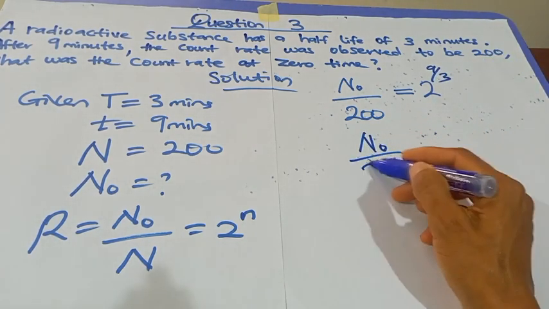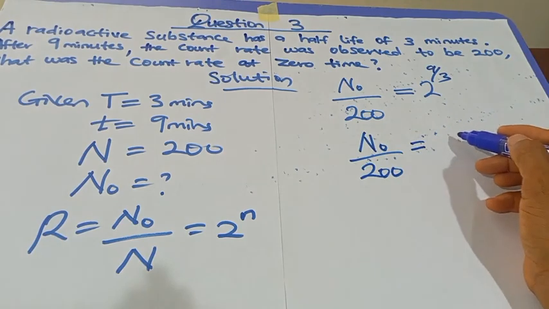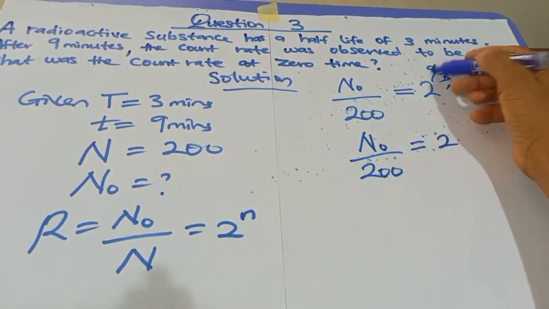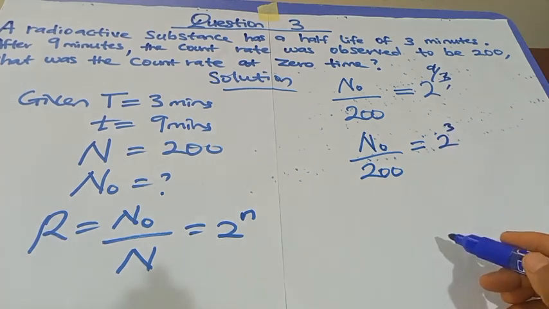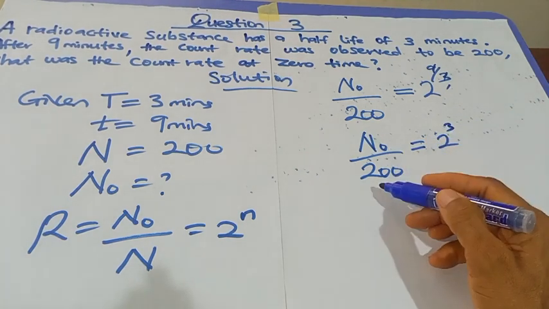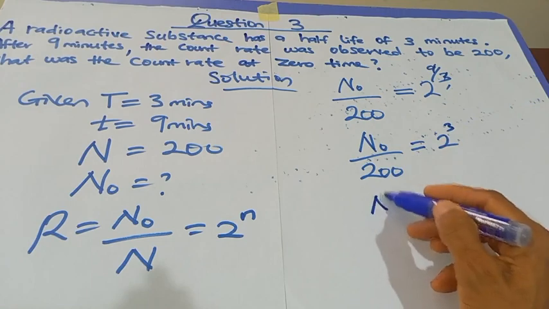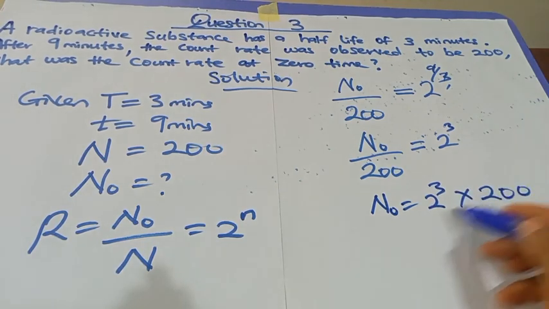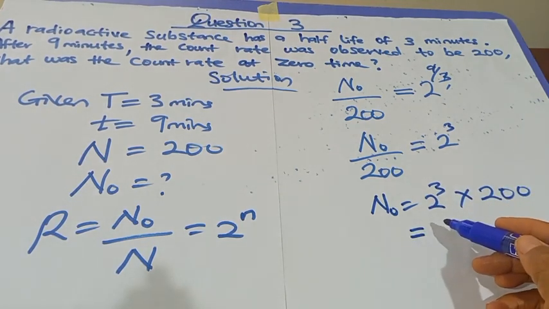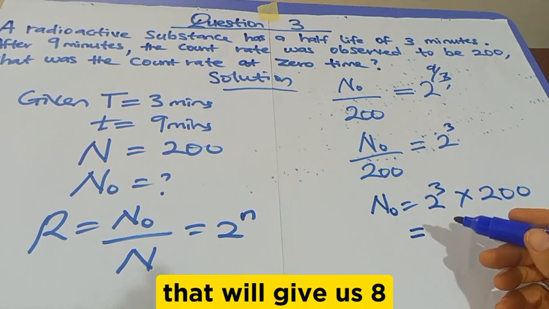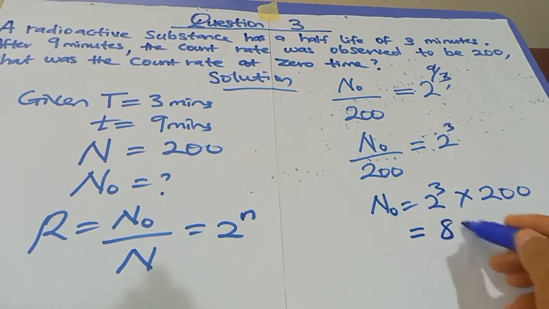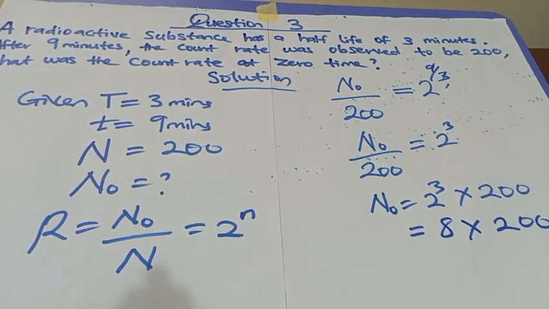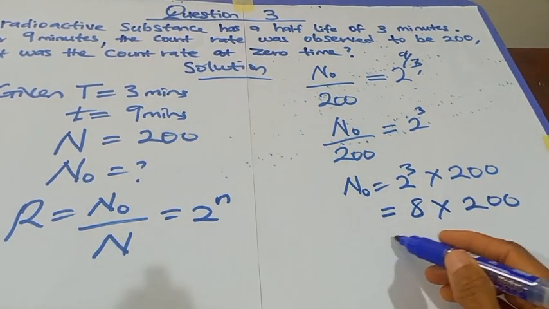So N naught over 200 is 2 raised to power 3. If we cross multiply, we'll have our N naught to be 2 raised to power 3 times 200. 2 raised to power 3 gives us 8, times 200. So the final answer will be 1600.